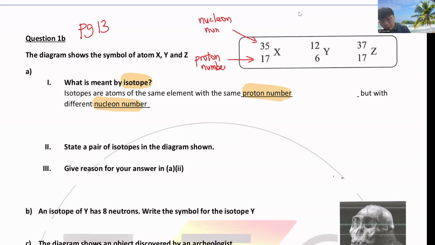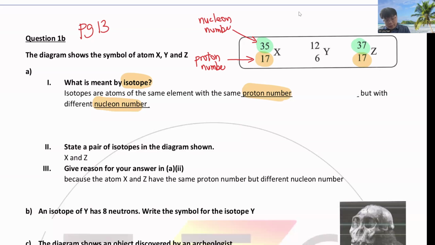This is free marks. Isotopes have the same proton number, but different neutron number. You just tell me it is X and Z, and the reason is that they have the same proton number but different neutron number. Then you get 2 marks: 1 mark here, 1 mark here. Very, very simple and direct question.